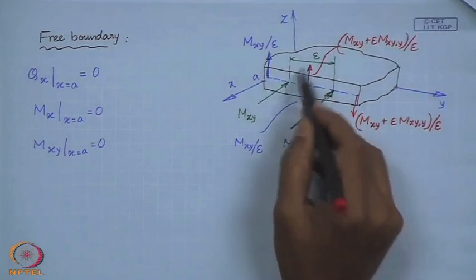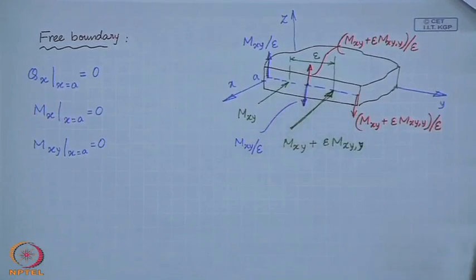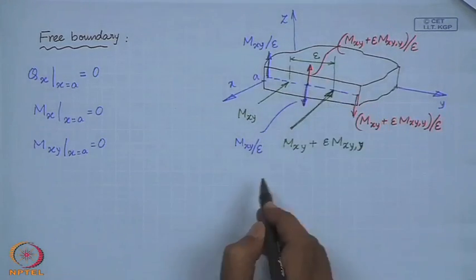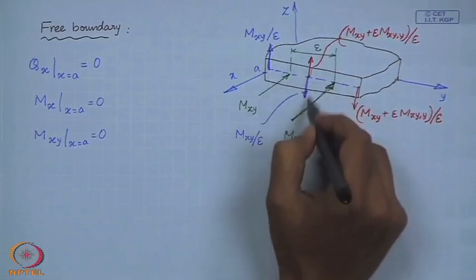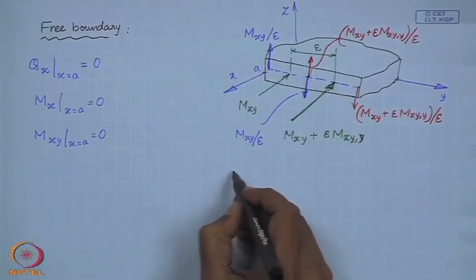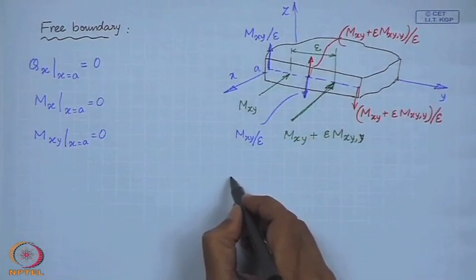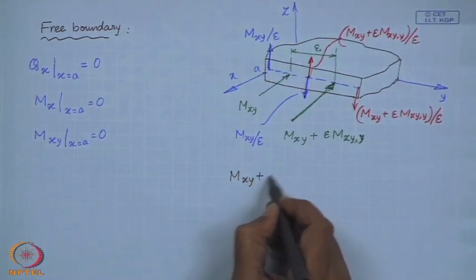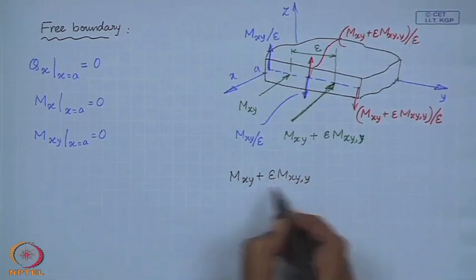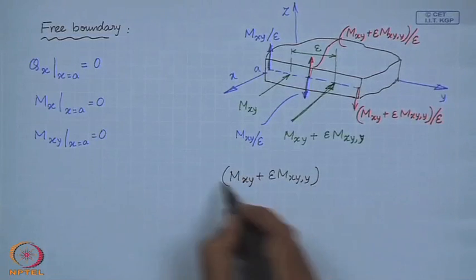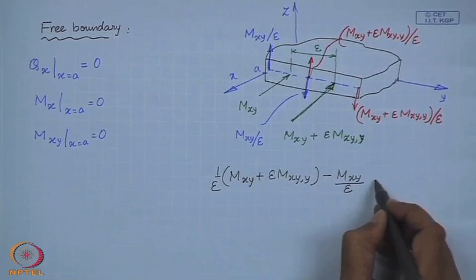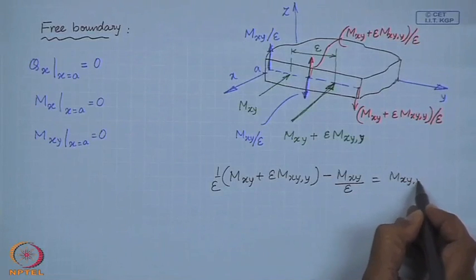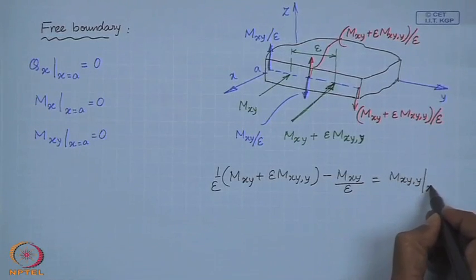So, therefore, at this point you can imagine that the force resultant here, which is now a transverse force, is given by this.